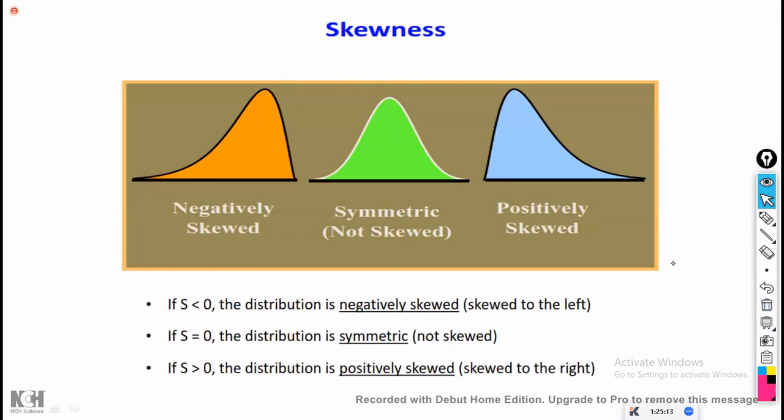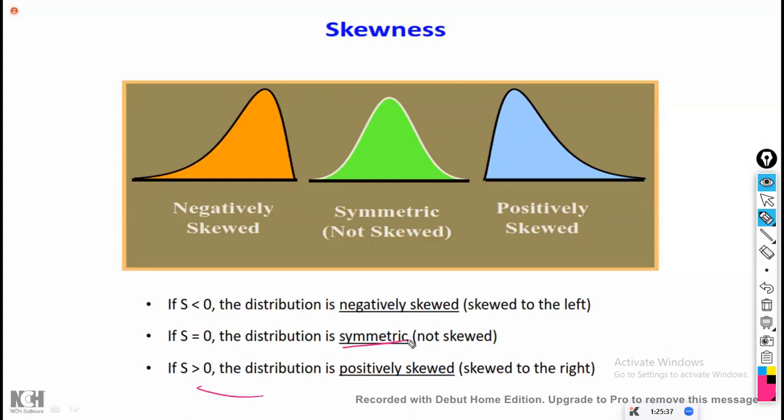Now, left skewed distribution is also called negative skewed. Right skewed distribution is also called positive skewed. And normal distribution is also called symmetrical distribution.